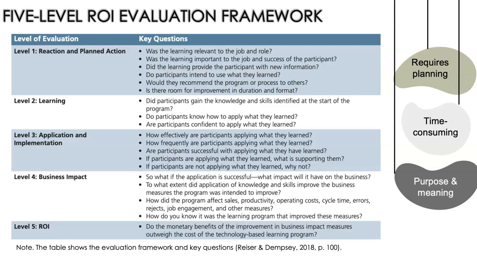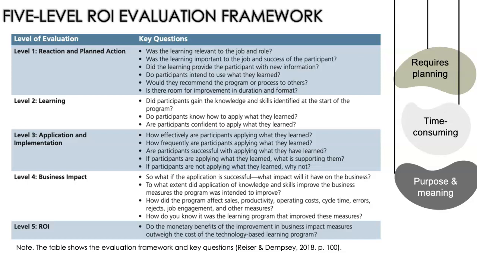Each of the 5 levels of evaluation answers basic questions about the success of the program. Those questions are presented on the table provided by Razor and Dempsey 2018, page 100. The 5 levels of ROI's evaluation framework follow this logical order: participant reaction, learning acquisition, application and implementation, impact on the business, and economic contribution, or ROI.